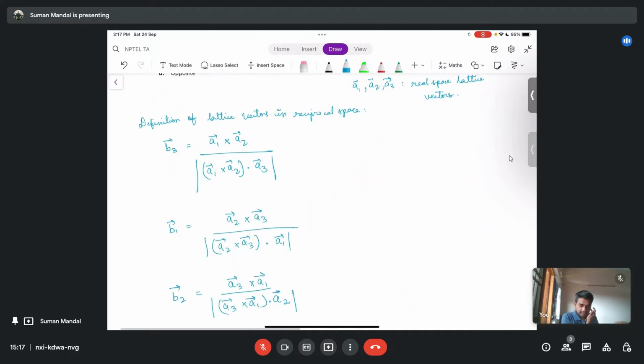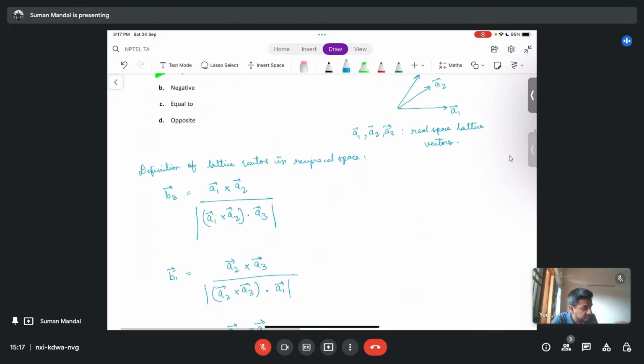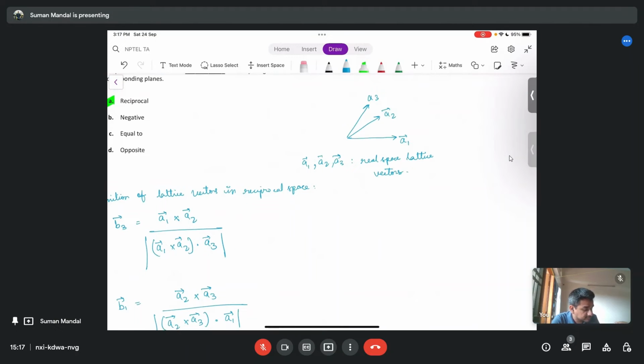So from this, if we take the individual terms, we can redraw this. We have this a1 vector, the a2 vector, and we can make a parallelogram. When we do this a1 cross a2, this is basically the area of this parallelogram, and it has a direction that is perpendicular to the plane of a1 and a2.